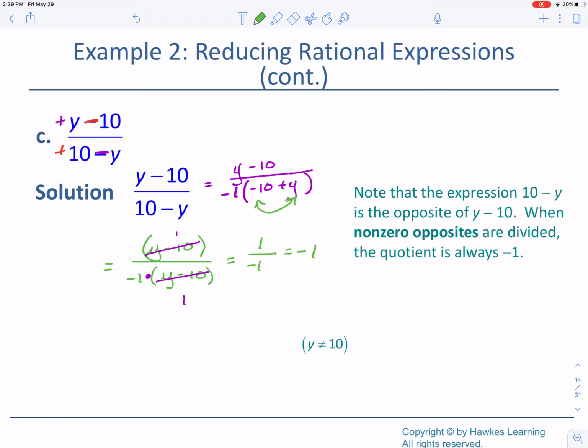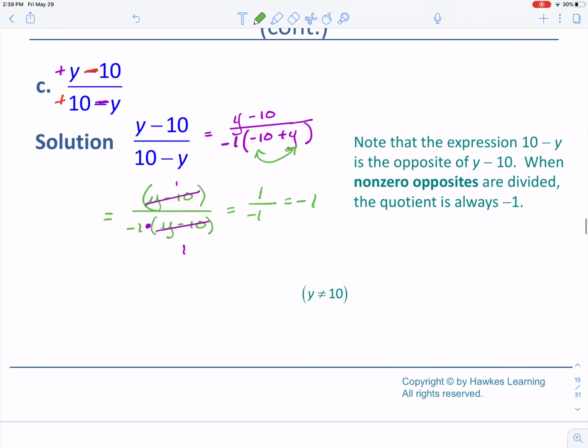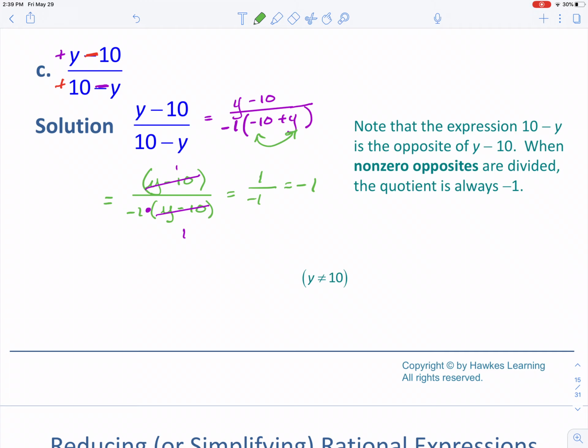So what I want you to remember from this is that anytime you have an expression like that, let me give you a couple more to think about. Let's say you had an x minus 7 in the numerator and a 7 minus x in the denominator. You would know that that's going to turn out to equal -1 without having to do a lot of work.